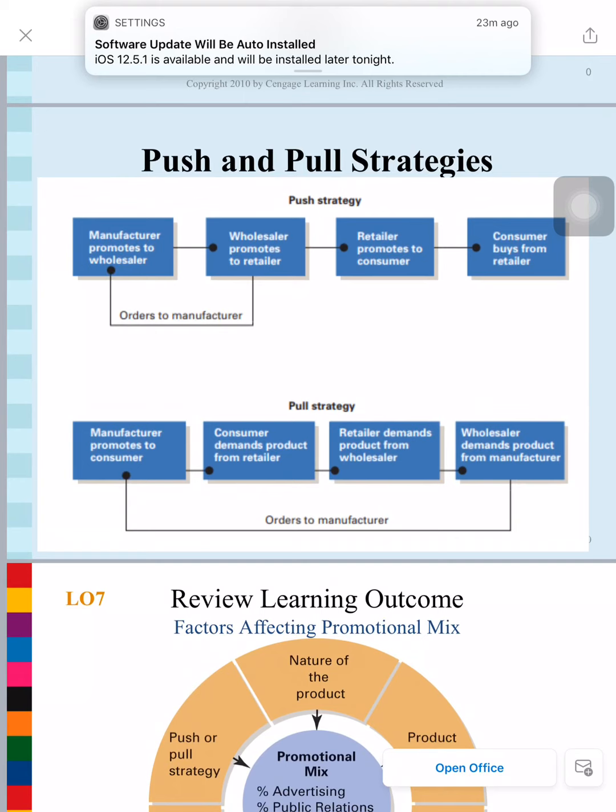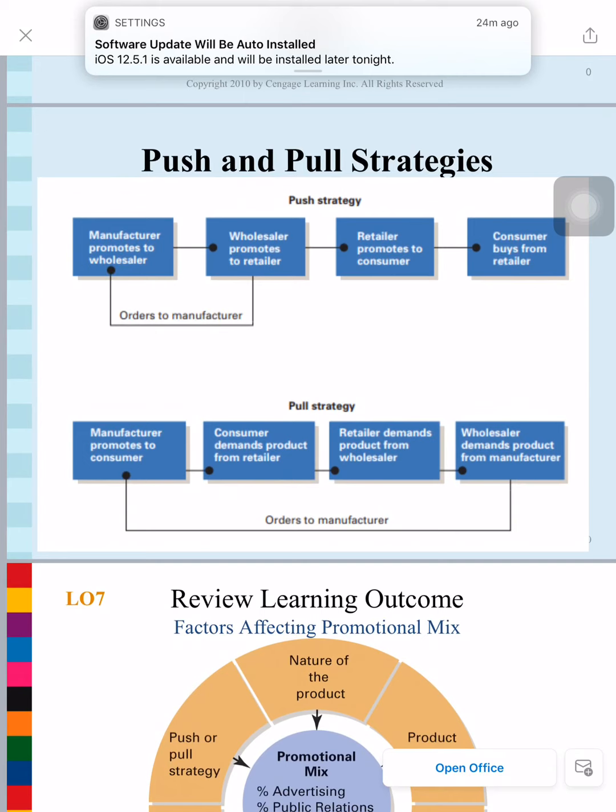So the seller must often push the products or the brand by persuading the retailer to handle the goods. The retailer then uses advertising, display, and any other form to convince the consumer to buy the products.